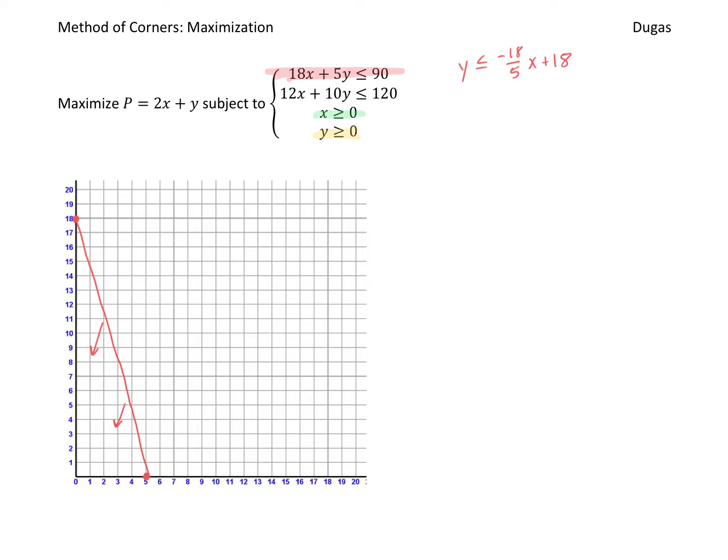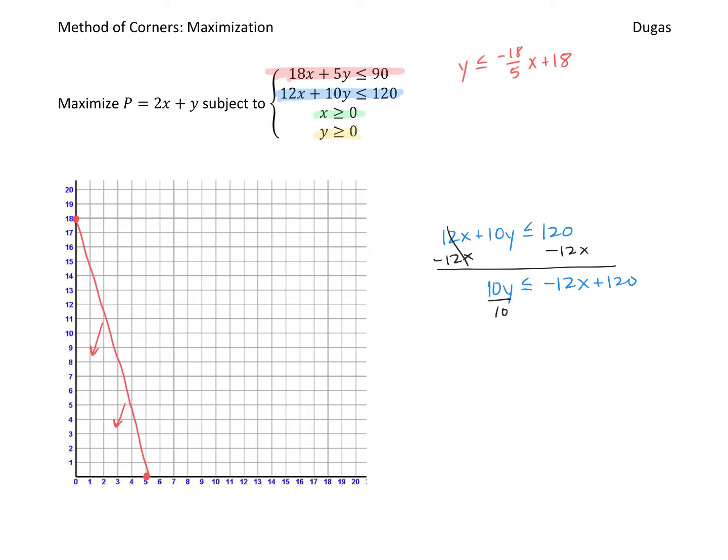Now I'm going to do the same thing with the second inequality, solving for y. So 12x plus 10y is less than or equal to 120. Subtract 12x from both sides, so we get 10y is less than or equal to negative 12x plus 120.